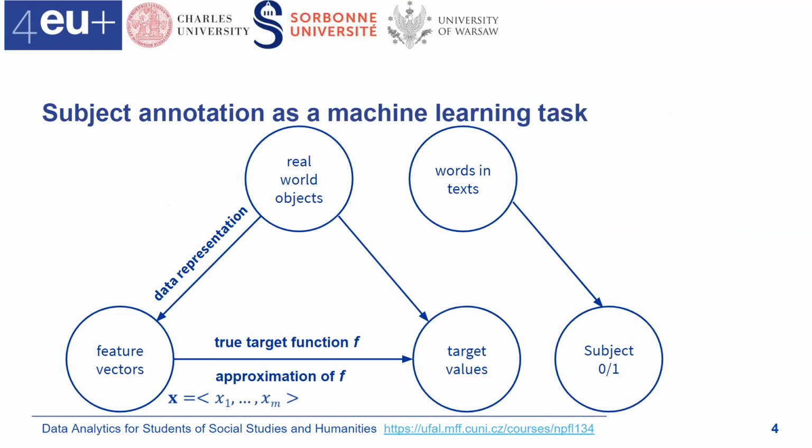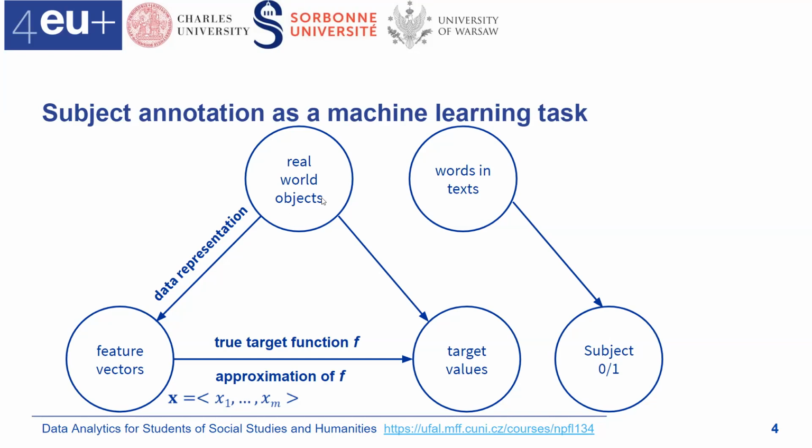We are heading for automatic subject labeling. So in other words, we want to formulate this task as a machine learning task. And I'm going back to my lecture on machine learning, where I described machine learning as a triangle with 3 nodes. We have some real world objects.